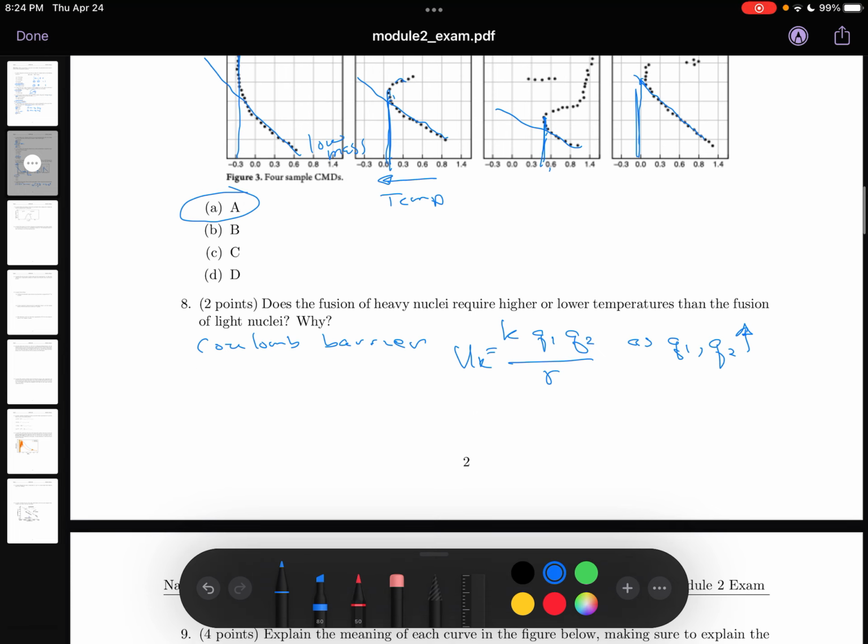So as this increases, the energy that you need increases, and therefore you need higher temperature, or higher kinetic energy, to overcome the Coulomb barrier. And average kinetic energy is 3/2 kT. Okay, so if we need higher energy, we need higher temperature.